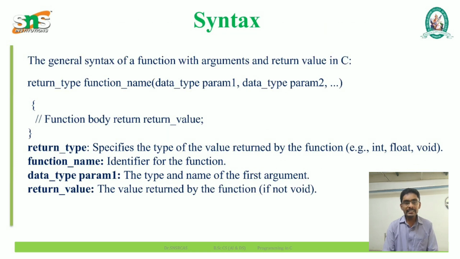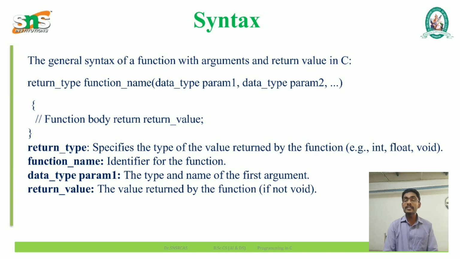Here is the syntax. The general syntax of a function with arguments and return value starts with the return type of the function, then the function name, and inside the parentheses the data type of each and every argument, separated by commas. Inside the curly braces there is a function body and a return statement with a return value.